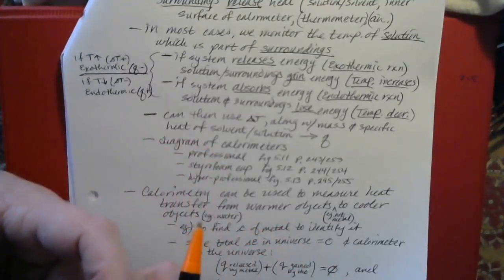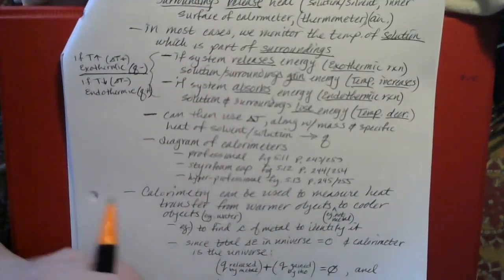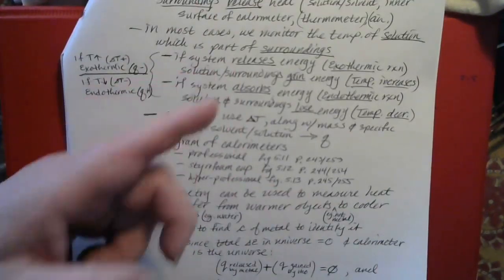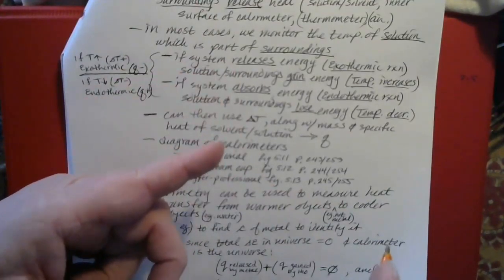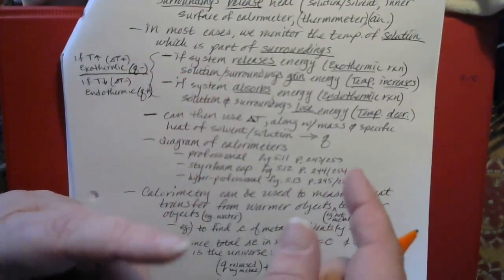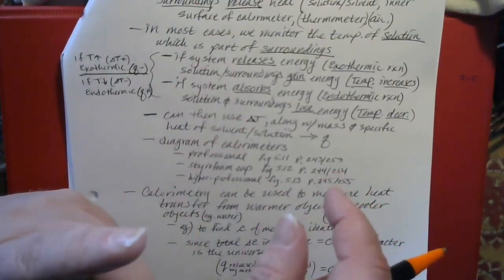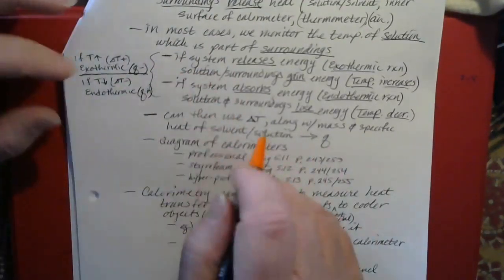But we're actually monitoring the temperature of the surroundings. So if the thermometer goes up, that means the surroundings have gained energy, but it means the system has lost energy. And if the thermometer goes down, that means the surroundings are losing energy, but it means the system has gained energy. So things are kind of backwards that way.